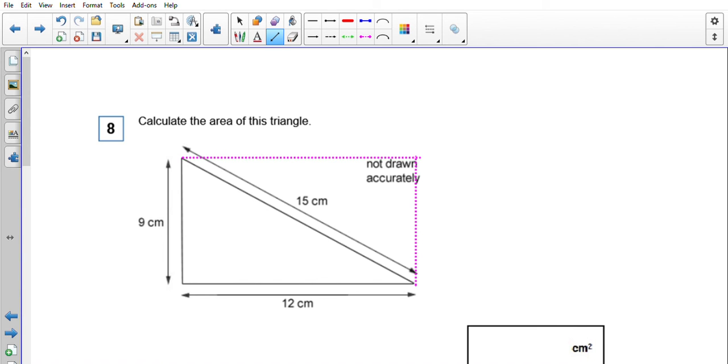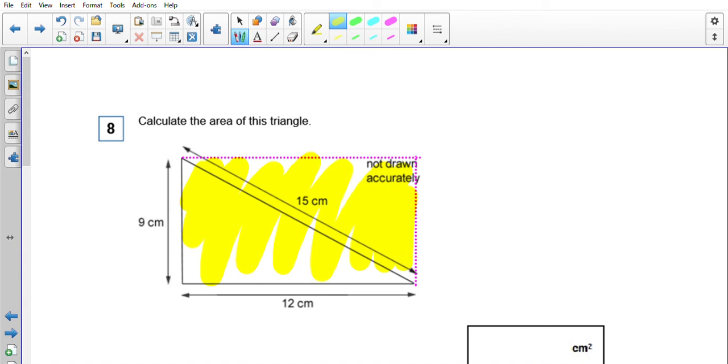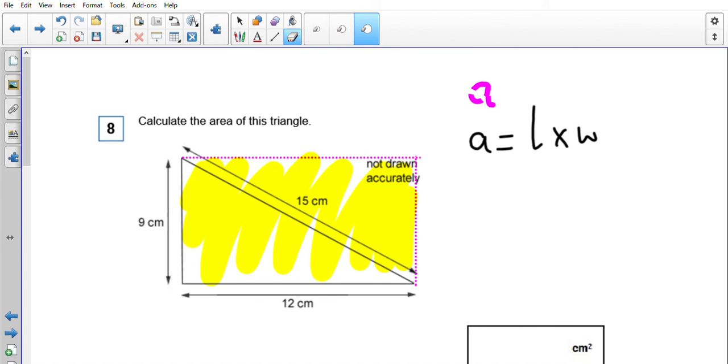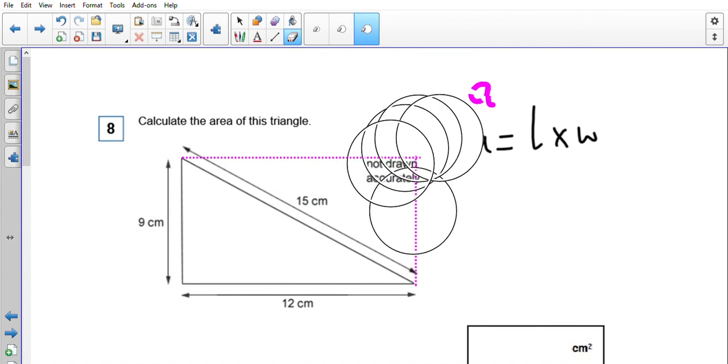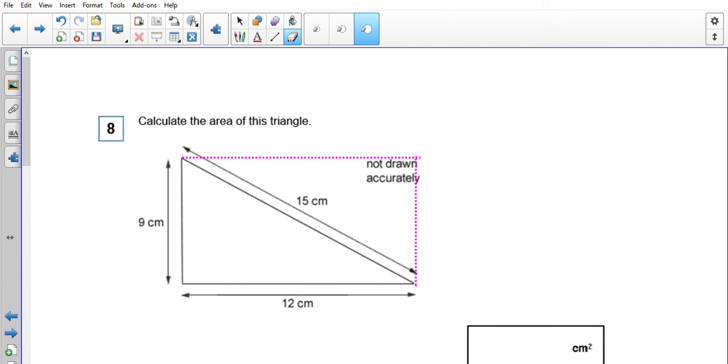If I wanted to find this whole area of a rectangle that I've got here, this whole massive area, well, as we've seen in the previous question, A equals L times W, length times width. But I don't want that area. I want half of it.